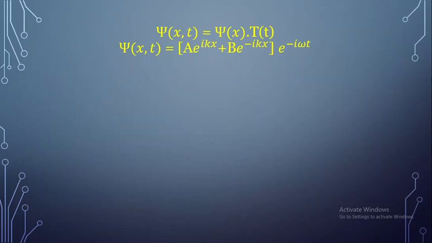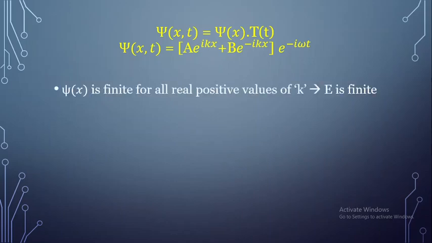Next, let us see what this result interprets. ξ(x) has to be finite for all real positive values of k. That is the condition put over ξ. And that's why the total energy is also going to be finite.